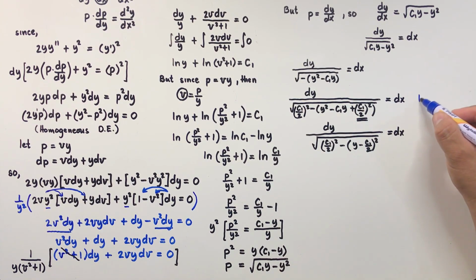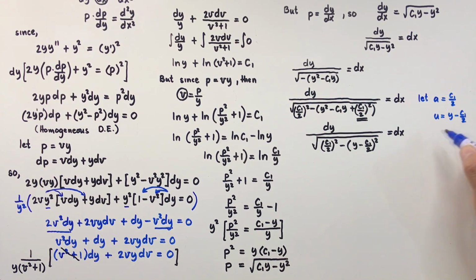So if you let your a be this constant c sub 1 over 2 and your u be y minus c sub 1 over 2, then your du is equal to dy, because the derivative of this is 0, because this is a constant here.